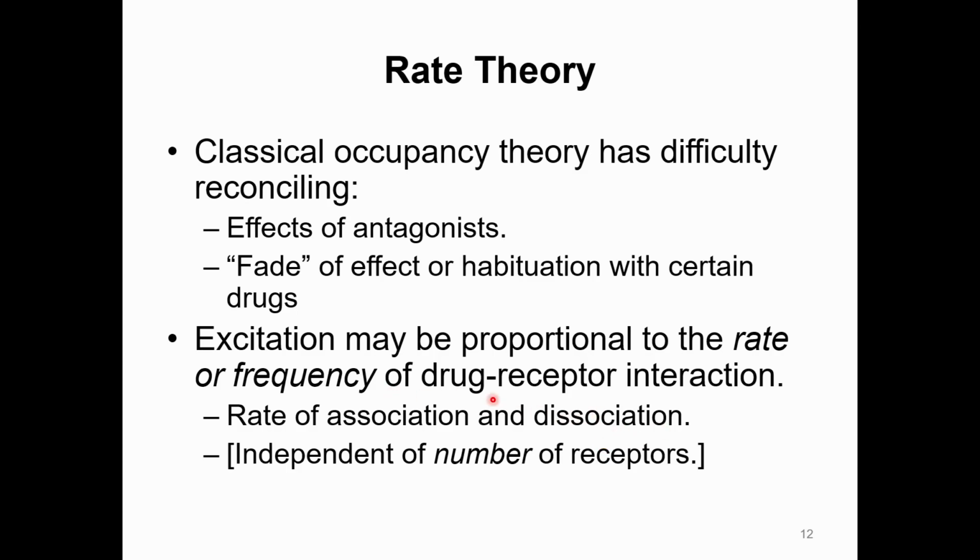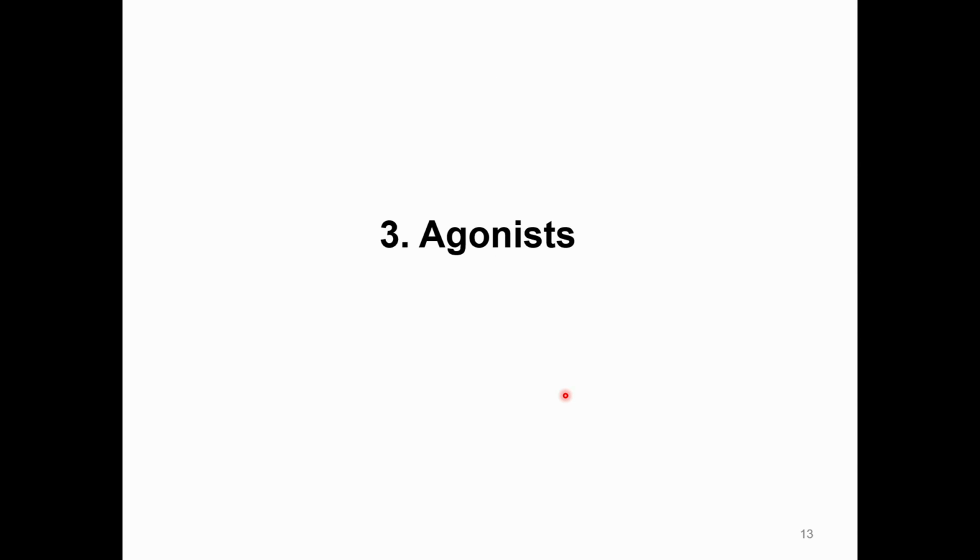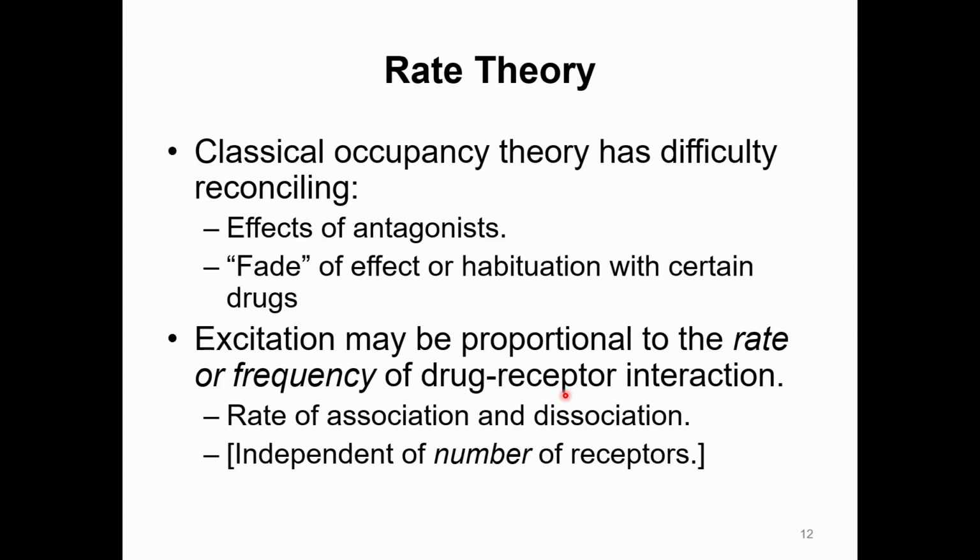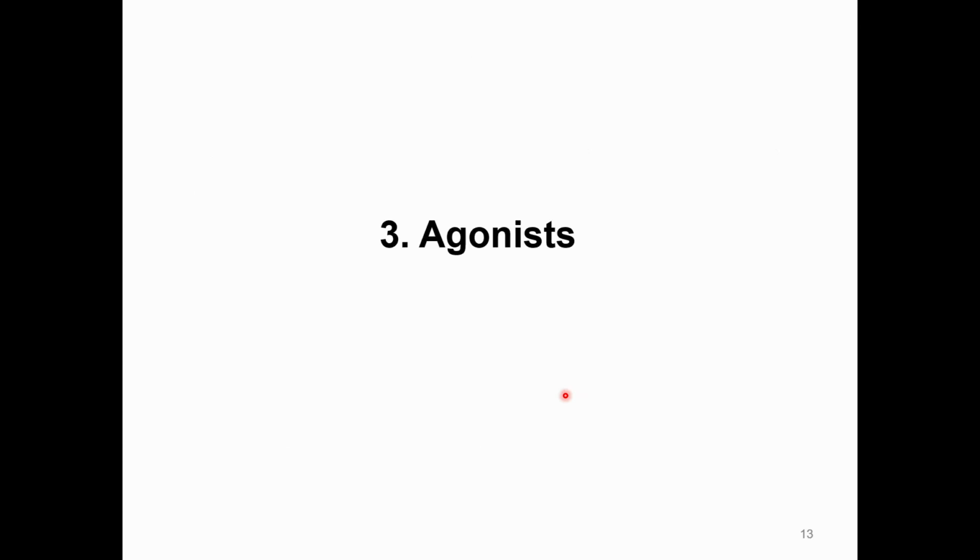And so here we're talking more about the kinetics of receptor or ligand binding and release, as opposed to just looking at it simply as how many are occupied and how many are not. In reality, there's always association and dissociation going on. So rate theory is a little bit better with that. So mostly we think about occupancy theory, but I do want to mention rate theory because it's a little bit more sophisticated, and you can start to bring in antagonists. But I would say occupancy theory is the more predominant one.